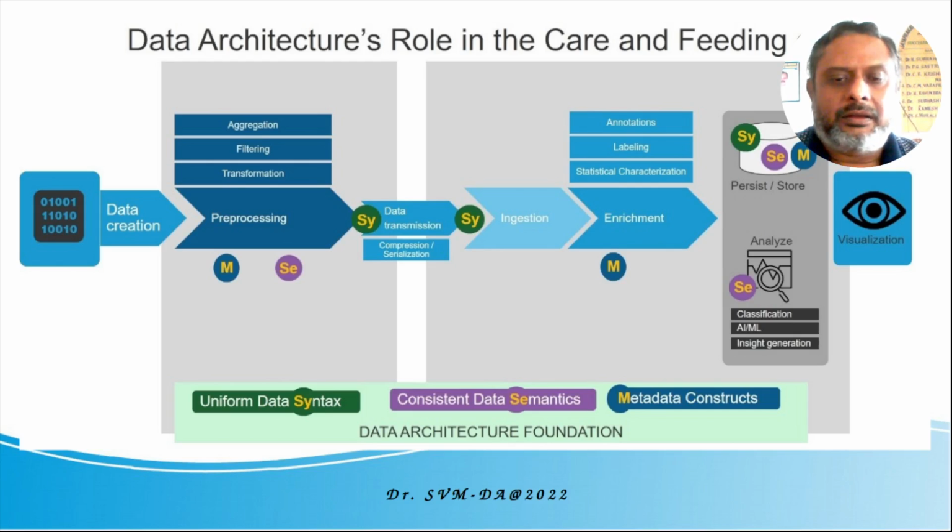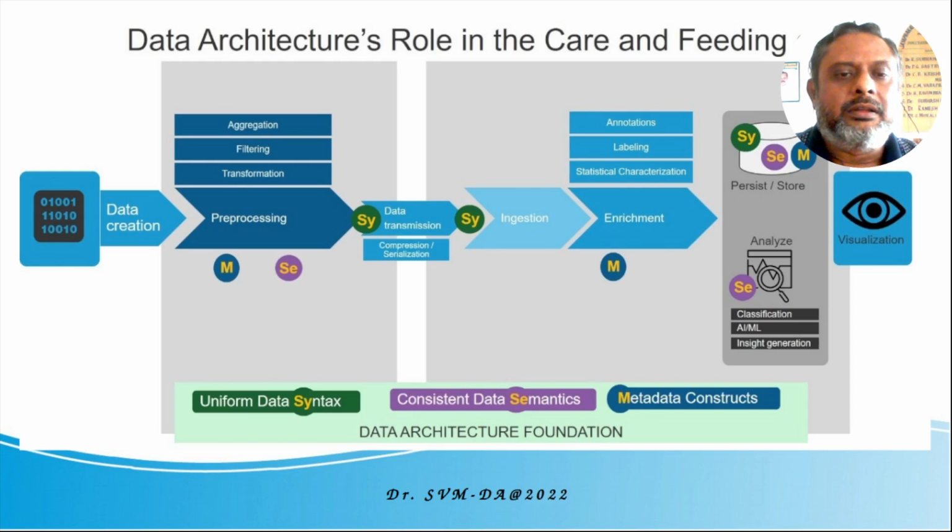And then consistent semantics are required. So at the pre-processing stage, whatever semantics are used, the meanings are defined for data at that stage. The same meanings have to be continued till the end. So consistency of the semantics is necessary.